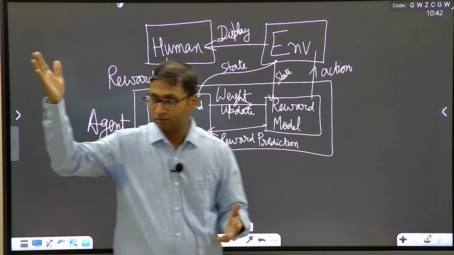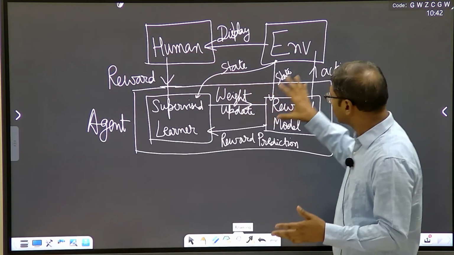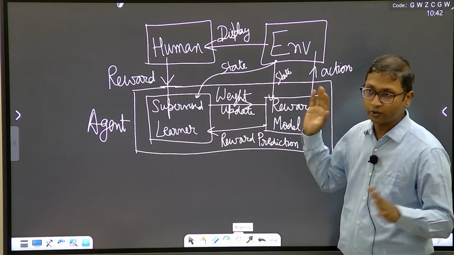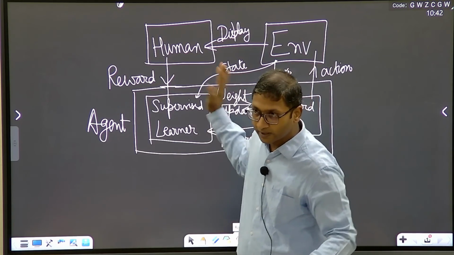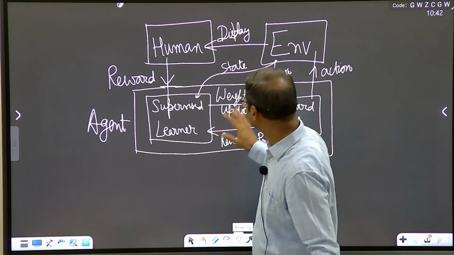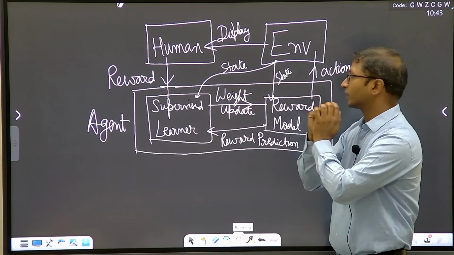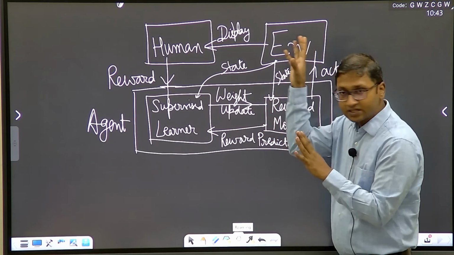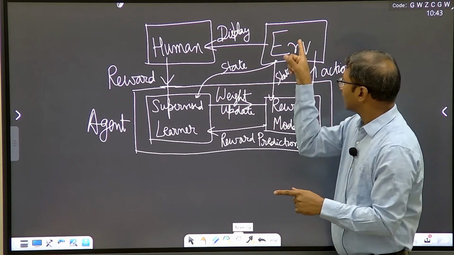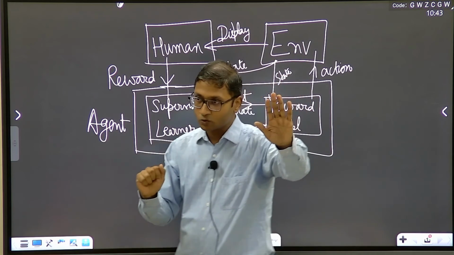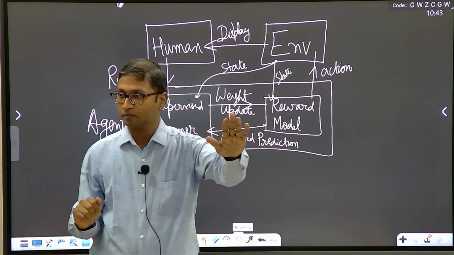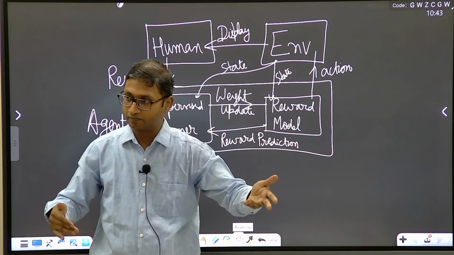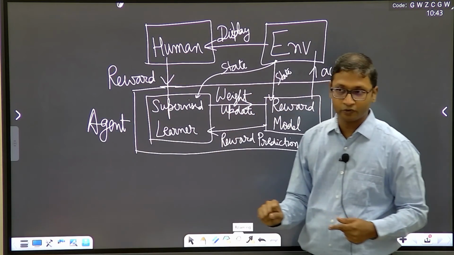So this model does not fit an LLM completely, that's why we are going to change it now. It is what it is, but just with a small change. It is still, okay, let me take my words back, it is still fine. So you did something, you generated a text, and the environment is going to give me what you generated versus maybe what the actual answer was, and then the human is going to give you a reward.